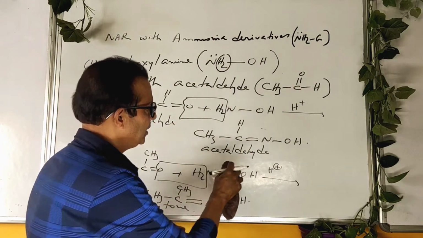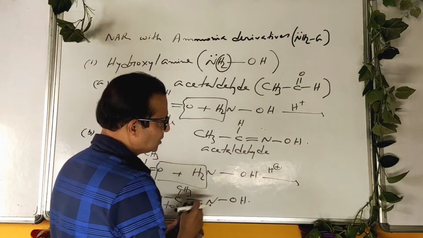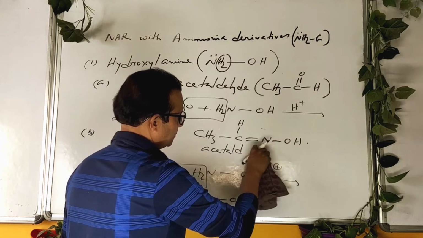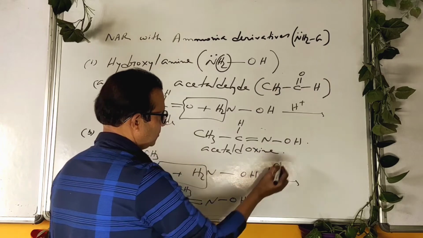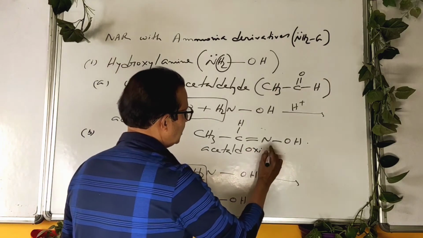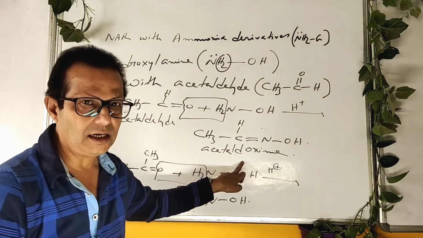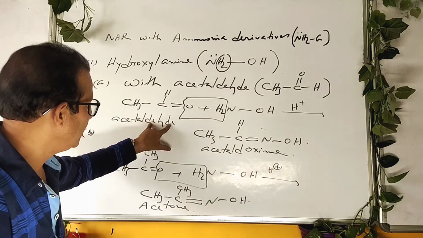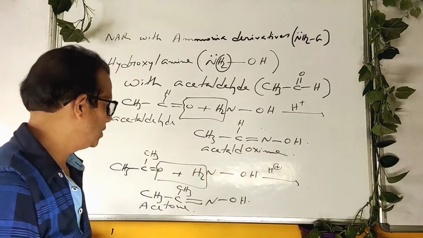So the product is, just remove dehyde and write oxime. OXIME, oxime. So it is called acetaldoxime. See, just remove EHYD, acetaldehyde, by oxime, acetaldoxime.